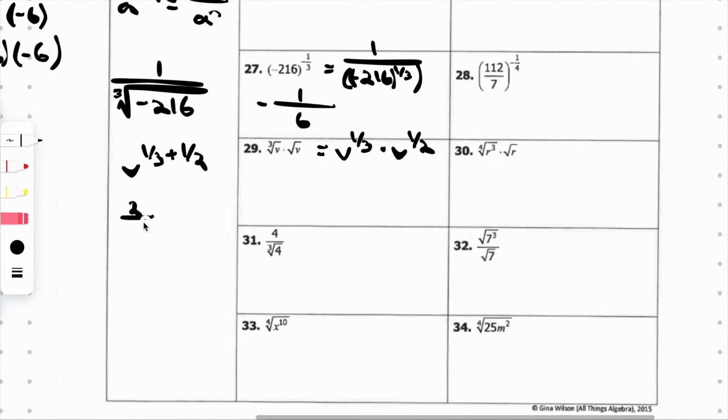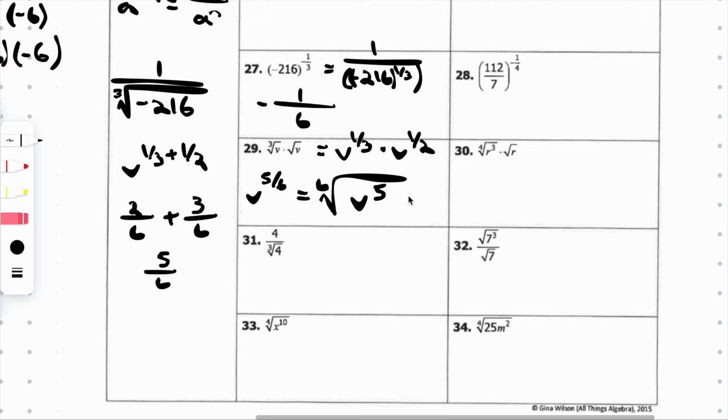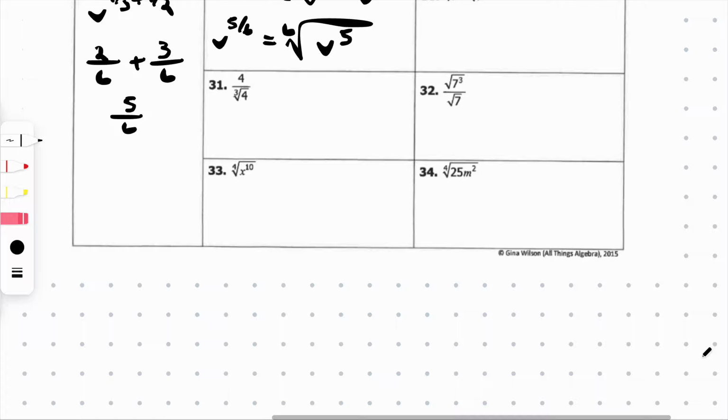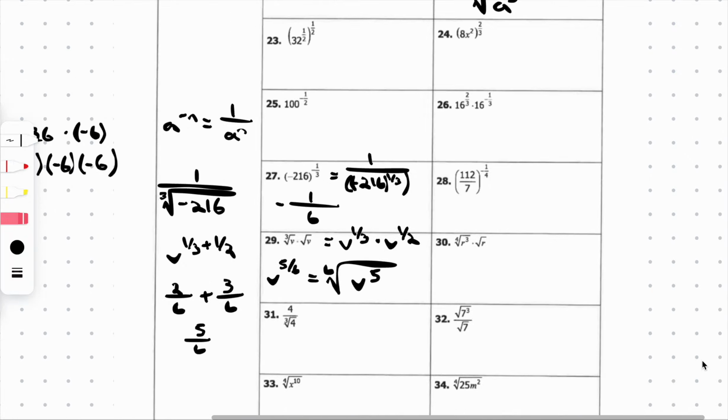I was getting the other two mixed up. 2/6 plus 1/2, which is 3/6, we add these together and get 5/6. So this is equal to v to the 5/6. And we can rewrite that with the 6th root, where we make our denominator our index, of v to the 5th. Okay, perfect.